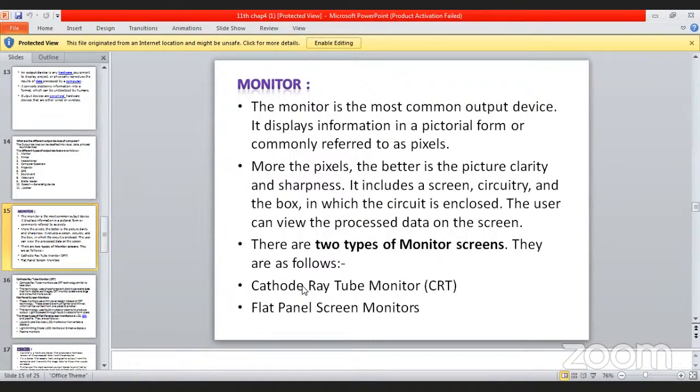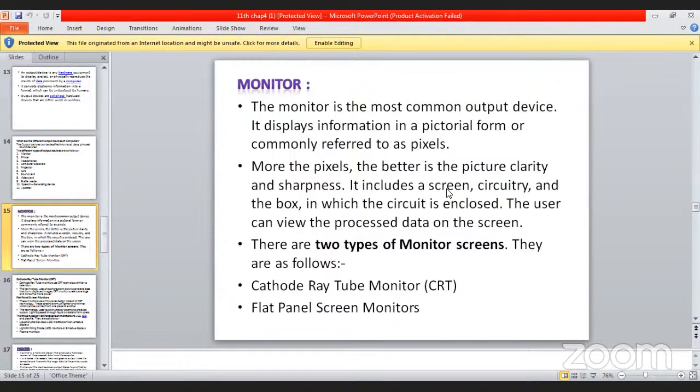It is a primary output device. The primary objective of the video board is to take the information from the CPU and display it on the monitor. So the more the pixels, the better the picture clarity and sharpness.